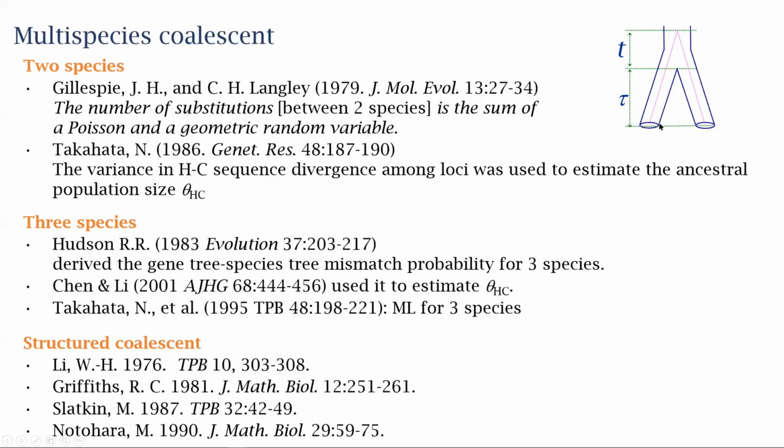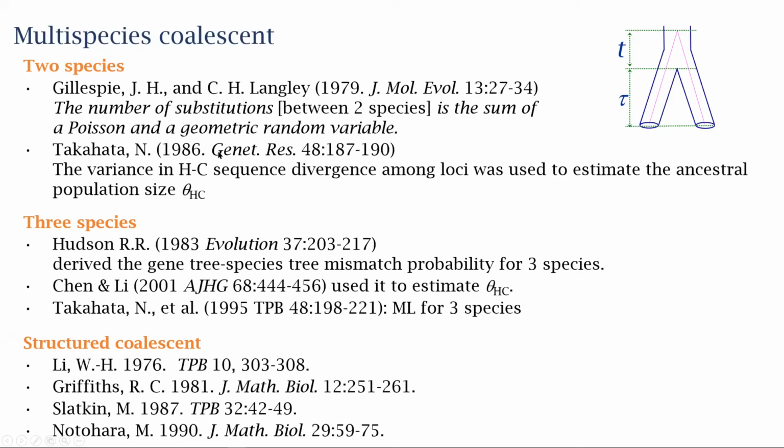So they really clearly recognized the two components of the sequence divergence between two species. You have this part that's the species divergence. This part, small t, is the coalescent in the ancestor. And when you talk about the number of mutations, this is a Poisson, this is a geometric.